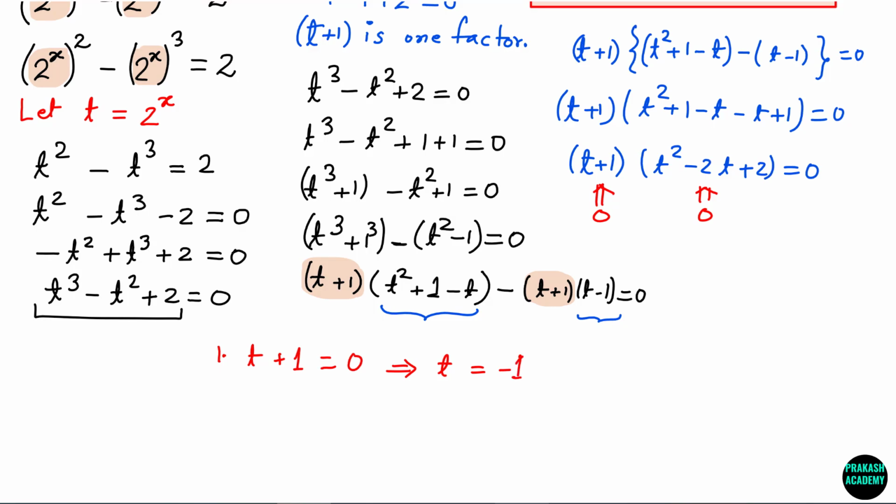But what is t? If you remember, t is 2 raised to the power x. Now for any x, t cannot be negative. So this is not a possible solution, not accepted.